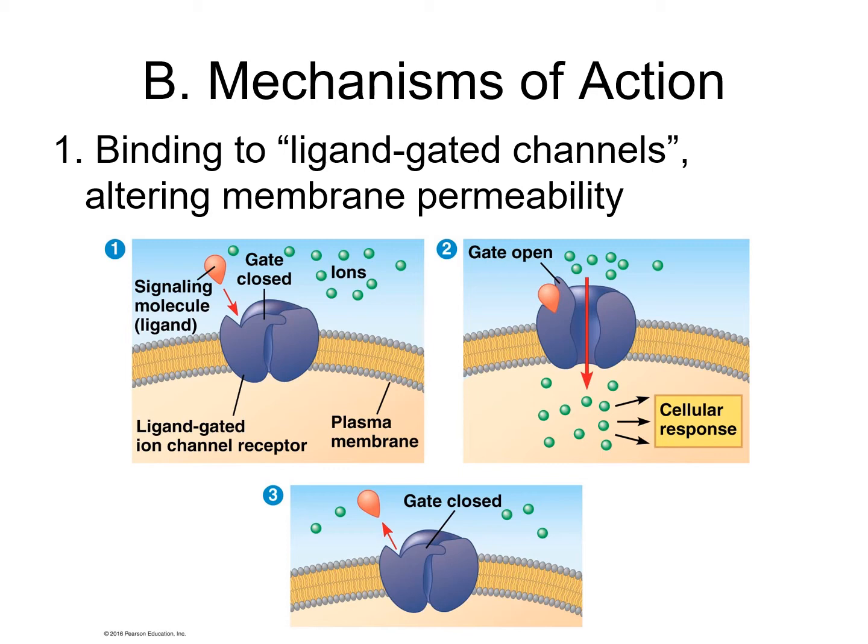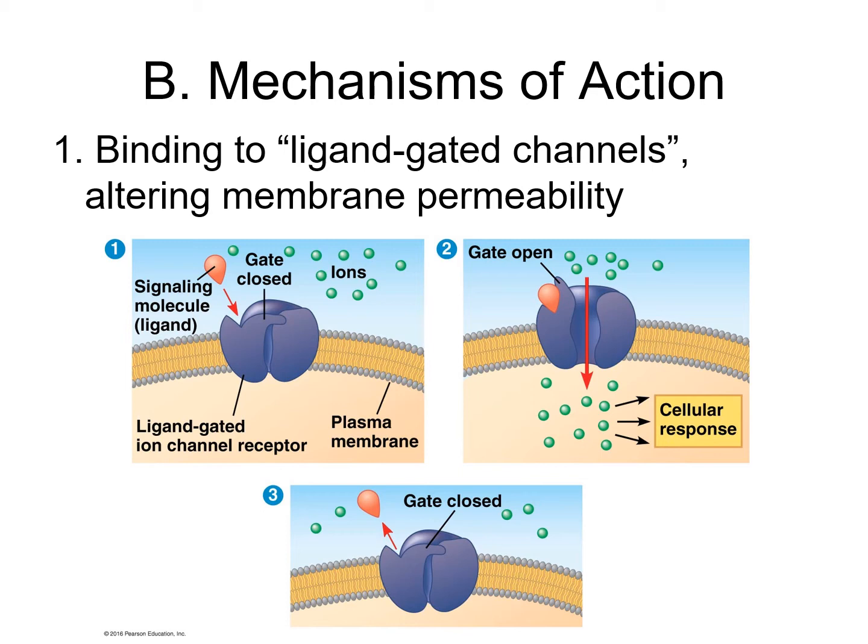Gated channels have to be stimulated to change shape and assume their open form. A ligand-gated channel is one where the binding of a molecule to the channel causes it to undergo a shape change. A ligand is any extracellular molecule that binds to a surface receptor. So in this figure, we see the ligand is the hormone.